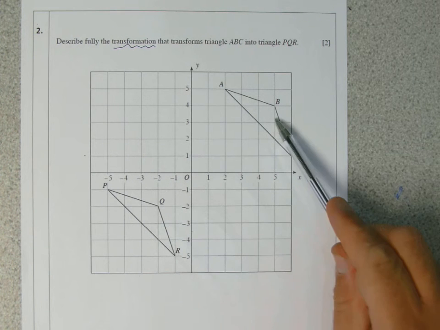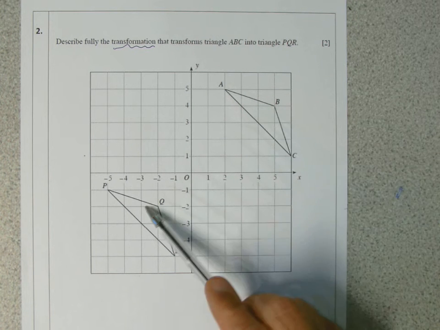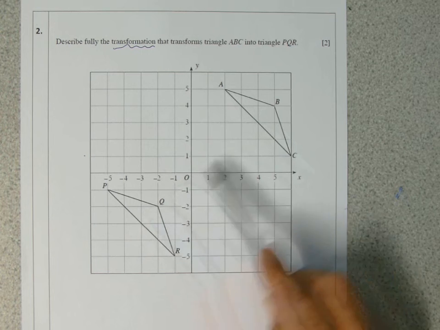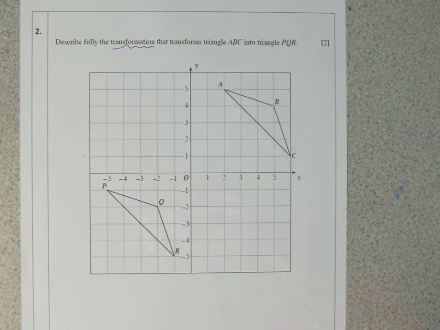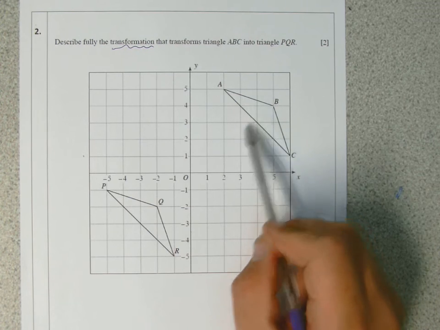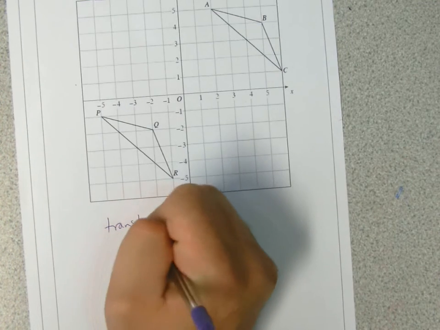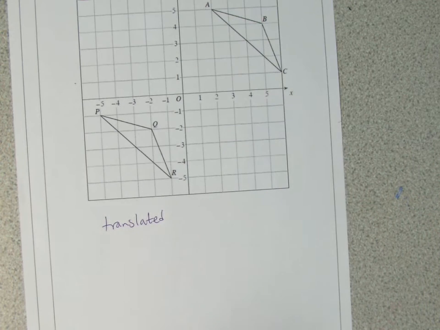In fact, if you look at it, the shape ABC here has simply been shifted across. So to describe what's going on here, because it's been shifted, we need to say it's been translated. That's the technical term for it. So you need to write that down. It's been translated.